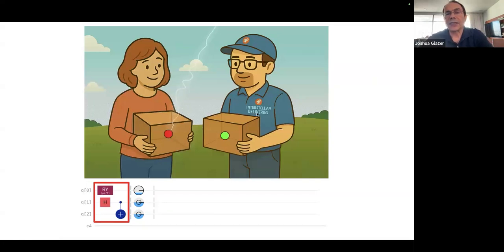Now we have this guy from Federal Express or Interstellar Deliveries. He has the particle that we want to transfer to Bob. So this green particle has nothing to do with the first two particles, right? This green particle is now about to be transferred to Bob. Now, the way I made this green particle is I took Q0 that you see here, which is really the green particle.